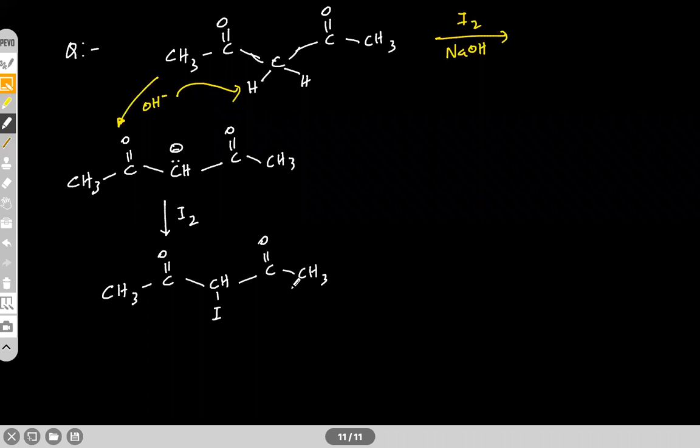Correct? Same thing happens again. I'll write down in one step here. First step with base, second step with I2, converts into CH3CO whole twice CI2. Is it correct? Yes.